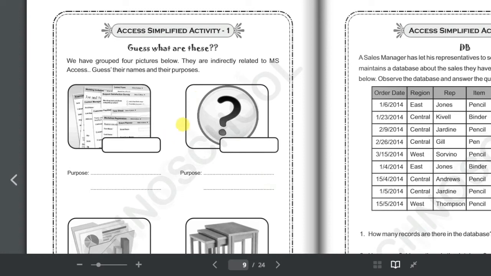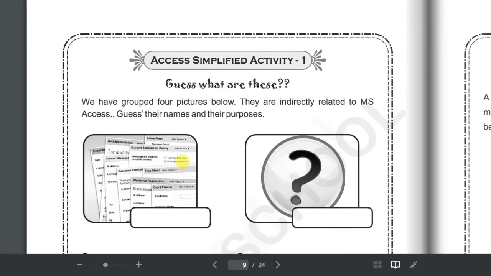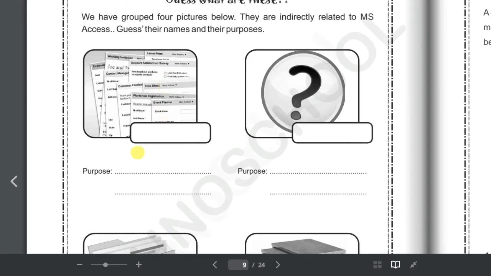Before that you have to go through the MS Access lesson pages in the textbook. You can understand somewhat, and after that we have this activity page. So you can understand very easily. Look at the pictures, and here you have to write your answers. Try to write your own sentence.